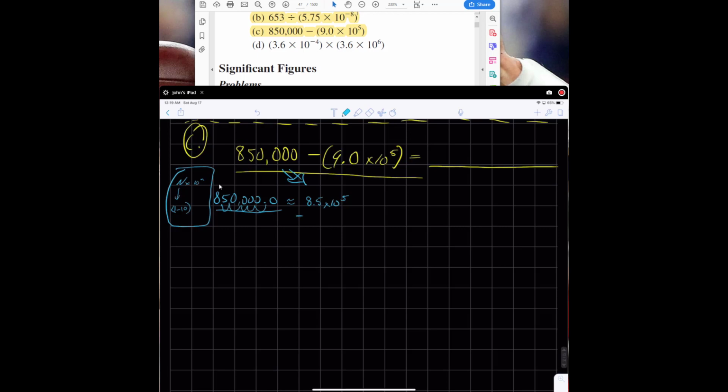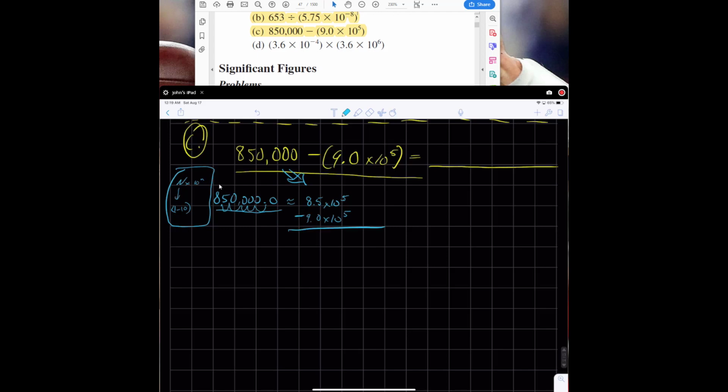So then we can just write the subtraction sign, and what we're going to be dealing with. I don't really want to have brackets there. So we have 8.5 times 10 to the 5 power minus 9.0 times 10 to the 5.